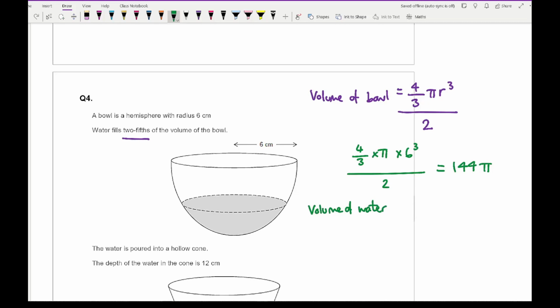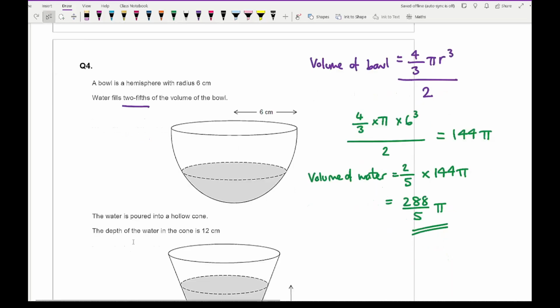So from that I then need to work out what 2/5 of 144 pi is, and that gives me an answer of 288 over 5 pi. Now again, you could write your decimals, but I'm going to leave it in terms of pi because I know I'm not finished with it.